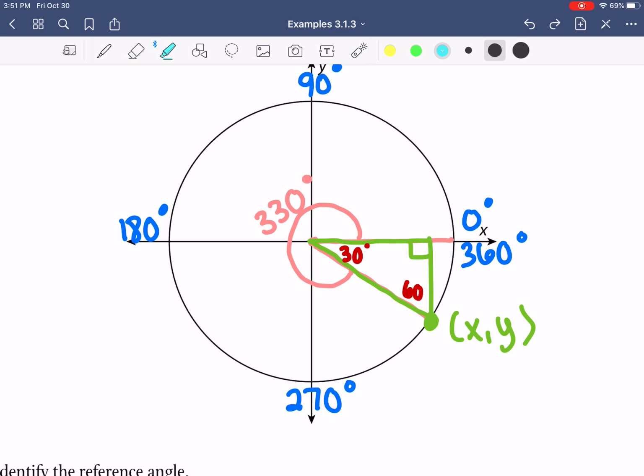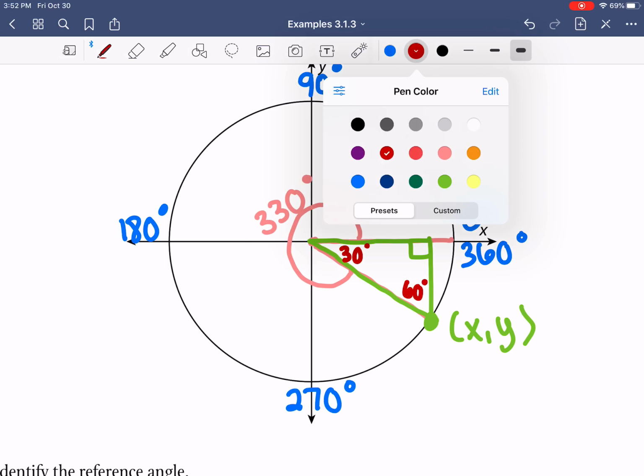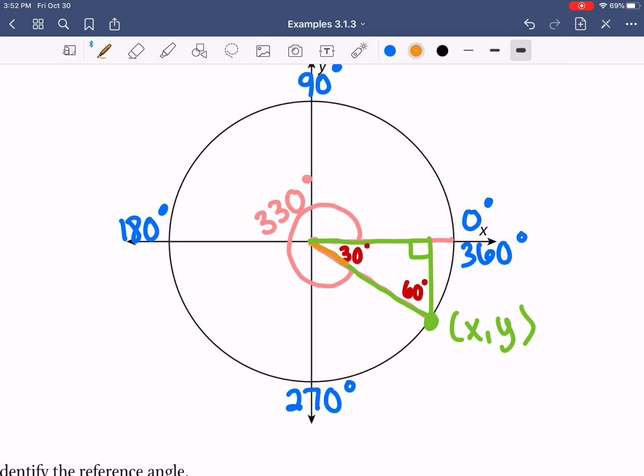When we have a 30, 60, 90 right triangle, remember how I told you guys that the hypotenuse was always going to be equal to 1 because this is a unit circle, so the radius is 1. In a 30, 60, 90 right triangle, the smaller side is always half of the hypotenuse, so it's 1/2. And then the larger leg is going to be radical 3 times that, so it's the square root of 3 over 2. You need to memorize that those two pieces go together.